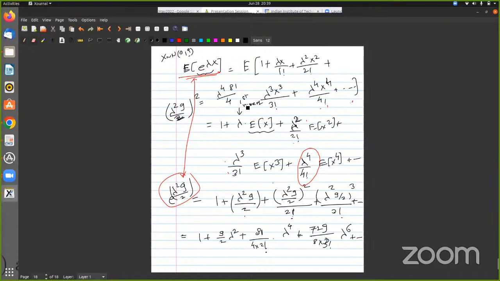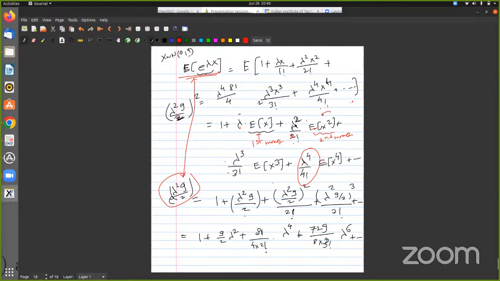So actually the coefficient of lambda is my first moment. This lambda is there and this is the coefficient, since expectation of x is also some kind of constant. So the coefficient of lambda is the first moment. Sorry, not expectation of x square, but expectation of x square divided by 2 factorial.